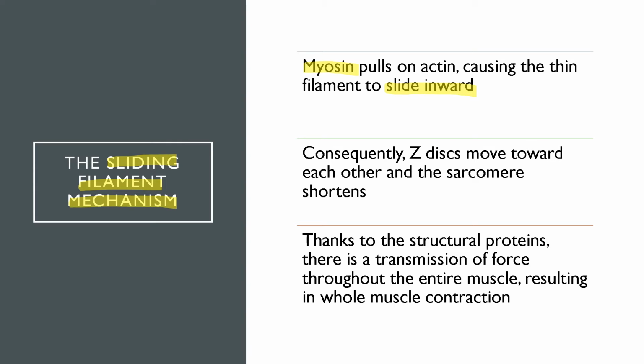Now, as a result, the thin filaments will slide inward and meet at the center of the sarcomere. Structural proteins will pretty much hold everything together, and it will also allow the contraction to propagate through the entire muscle.